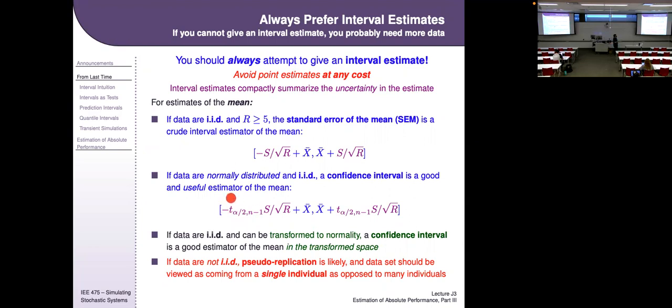If your data are IID but not normally distributed, one of the things you sometimes have to do is transform the data into another form that is normally distributed. A lot of times you might log transform the data, just run it through a logarithm, and you find that after you run it through that map, it ends up being normally distributed, and it meets the conditions of being able to use a normal confidence interval.